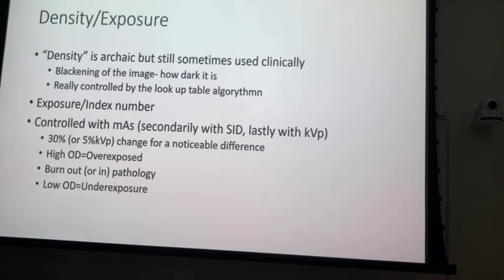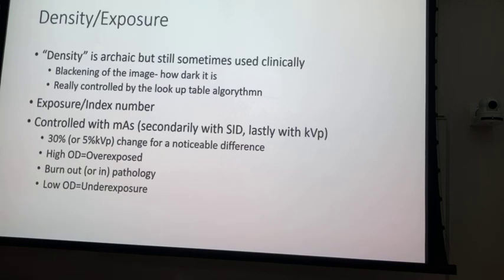Realistically, even in screens and films, it was difficult to see any kind of difference off 30% in mass. So the rule of thumb is that if your image is bad enough that it needs to be repeated because of inadequate mass, how much of a change in mass do you need? That's 100%, or a factor of 2.